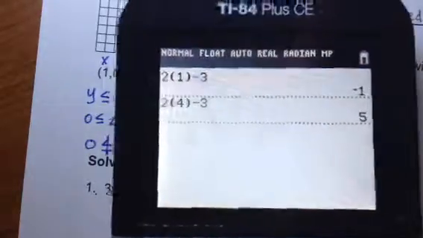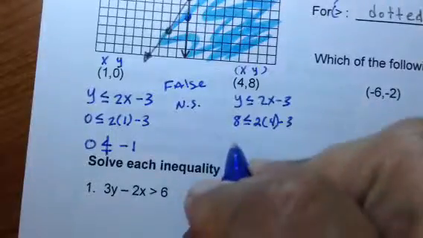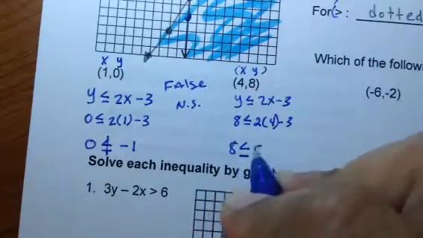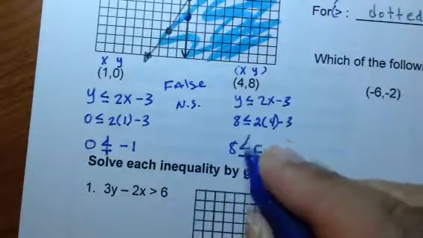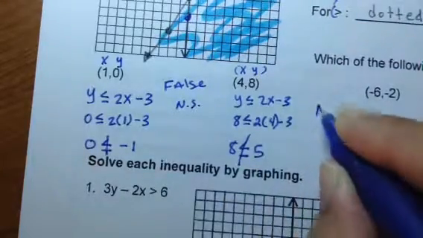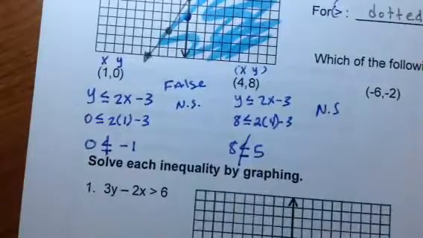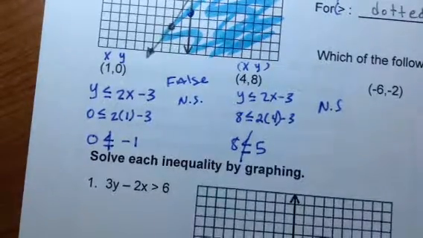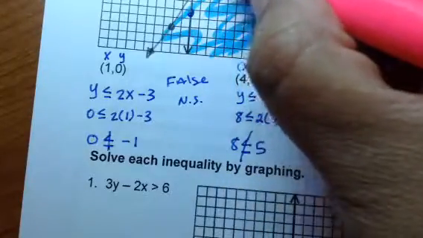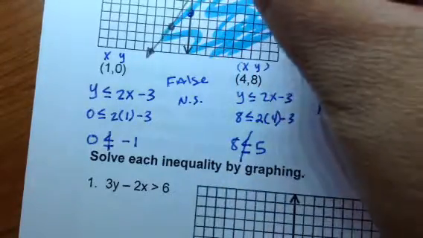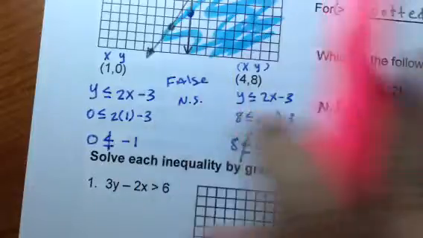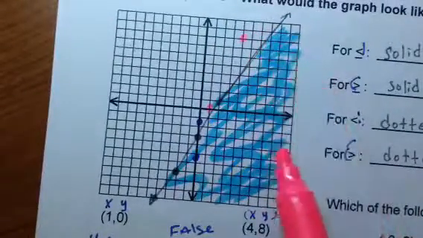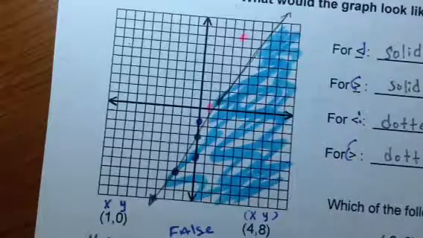So that gives me 5. So 8 is less than or equal to 5. Is that true? It is not, so this is not a solution. So then I would go prove again to y'all why it doesn't. So here's 1, 2, 3, 4, and 8's right here. Do you see how that point's not in the blue section? That means it's not a solution.